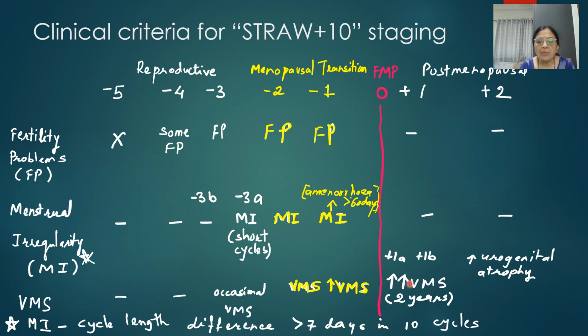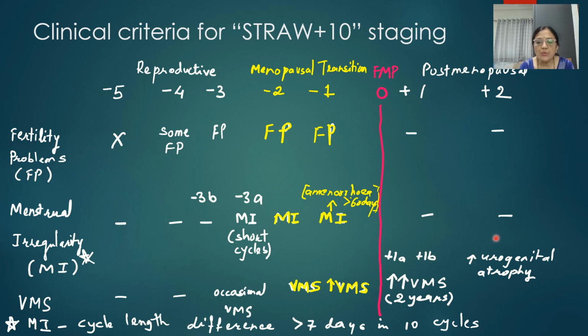After that, there is a stabilization of the hormonal changes, so in +1C vasomotor symptoms decline, and then around 5 to 8 years after the menopause, a woman enters the late postmenopausal phase.